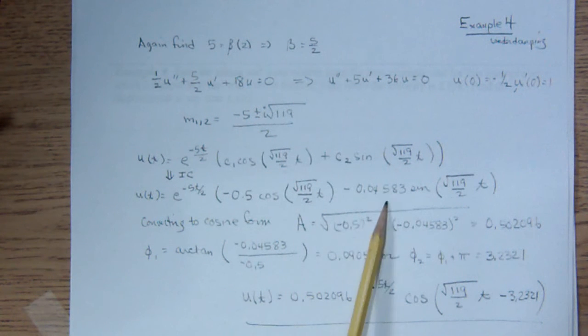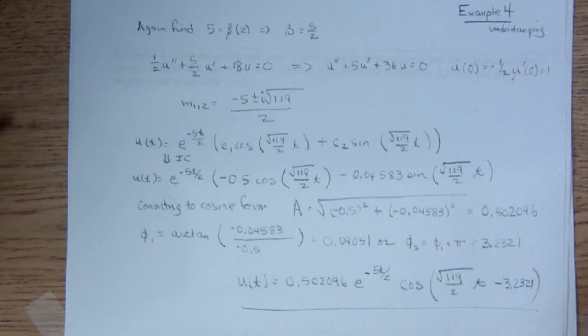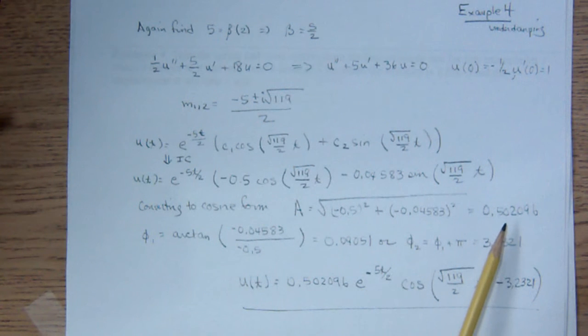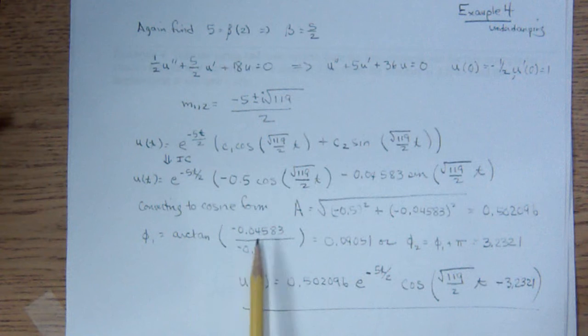Again, this time I am going to change this into the cosine representation, so we know what the amplitude is. I do expect you to know how to do this. The amplitude is the square root of that coefficient squared plus that coefficient squared, which ends up being 0.502096, and then the arctan of that ratio.